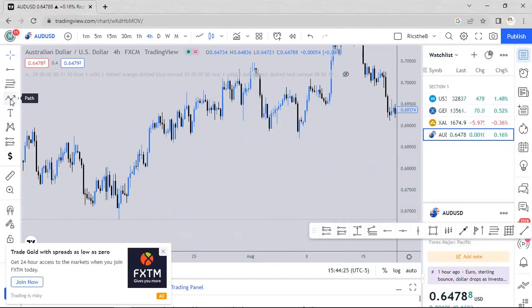This is how I would define swing points: as protective highs and protective lows. These are the key structural levels. When you're looking at market structure, these are the areas you should be looking at to properly identify breaks of structure and avoid getting manipulated in this market.